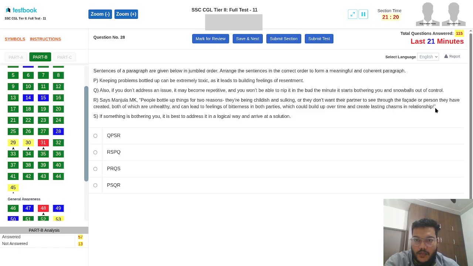If something is bothering you, it is best to address it in a logical way and arrive at a solution. और से तो स्टार्ट नहीं होगा. चलो आर से करके देखते हैं. एस पे एंड होगा तो एस पे तो यही है.